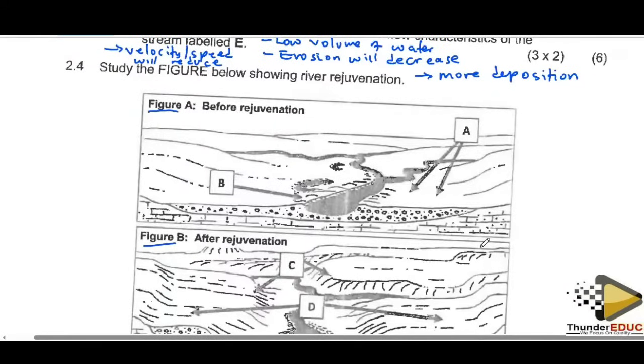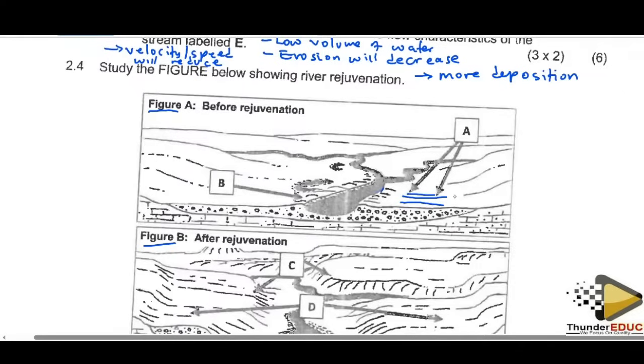So we could say that A, this is A, you can say that this is a flat area. So meaning, you can see that at feature A, the land is flat.